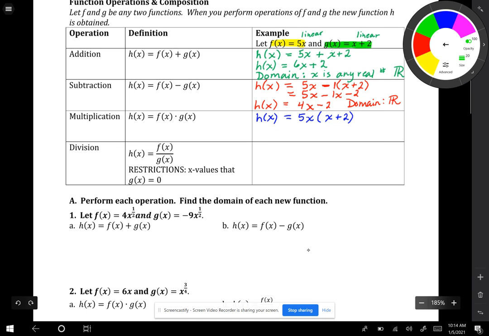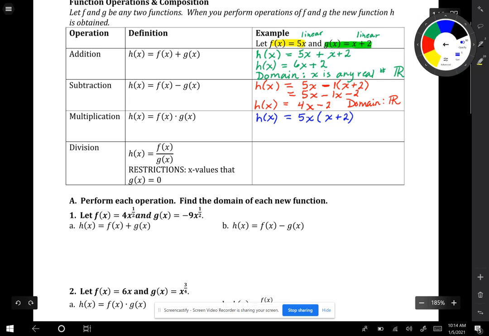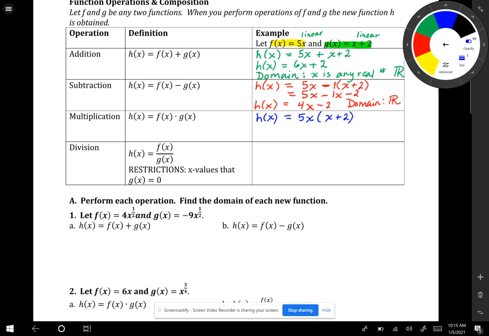All right, so multiply, so we're going to distribute. So h of x is equal to 5x squared plus 10x. And x can be any real number. Is it always going to be any real number? No. When you run into problems is when you have fractions and radicals, because remember, you can't have a negative number inside the radical with an even index. So the domain is all real numbers.